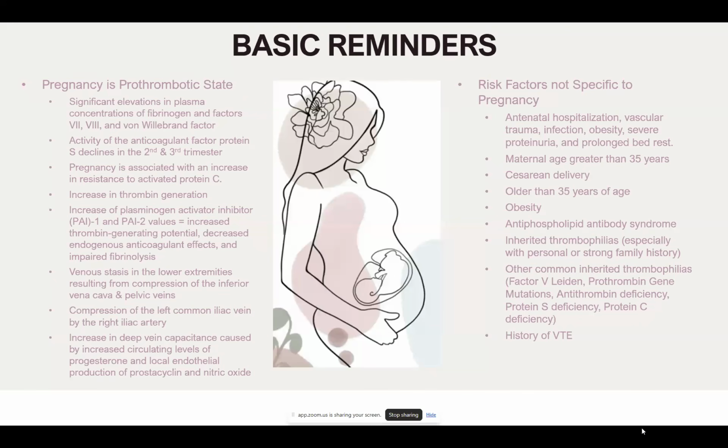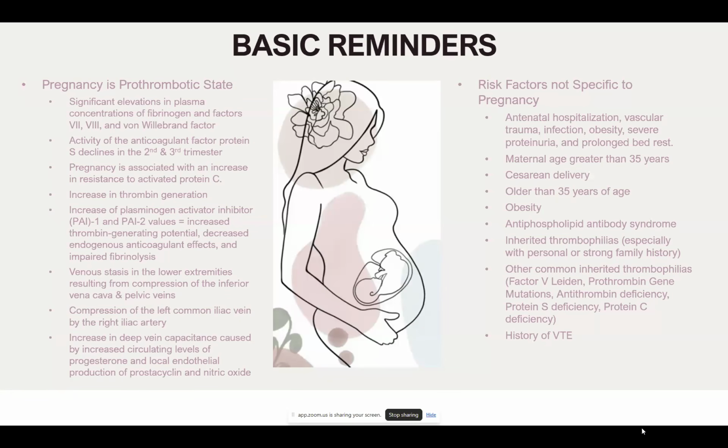So a few basic reminders for all of us in the clinical space or non-clinical space is that pregnancy in and of itself, and I know from the last couple of presentations we've made this really clear, is a very prothrombotic state. And part of that is related to just the physiology of having a giant uterus that is going to press on all of those major vessels and decrease that blood flow capacity.